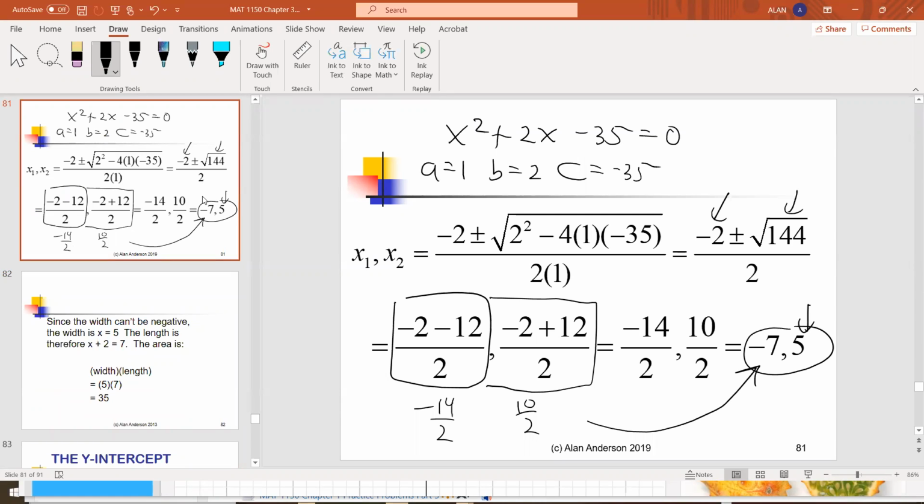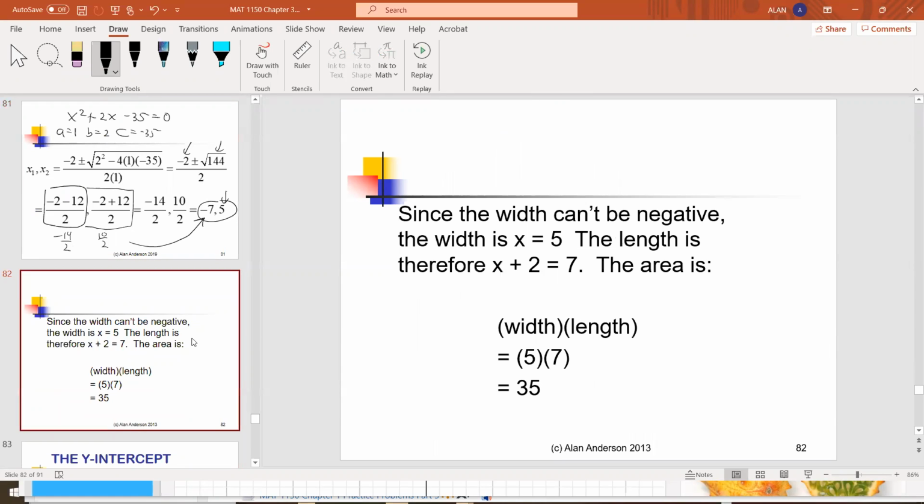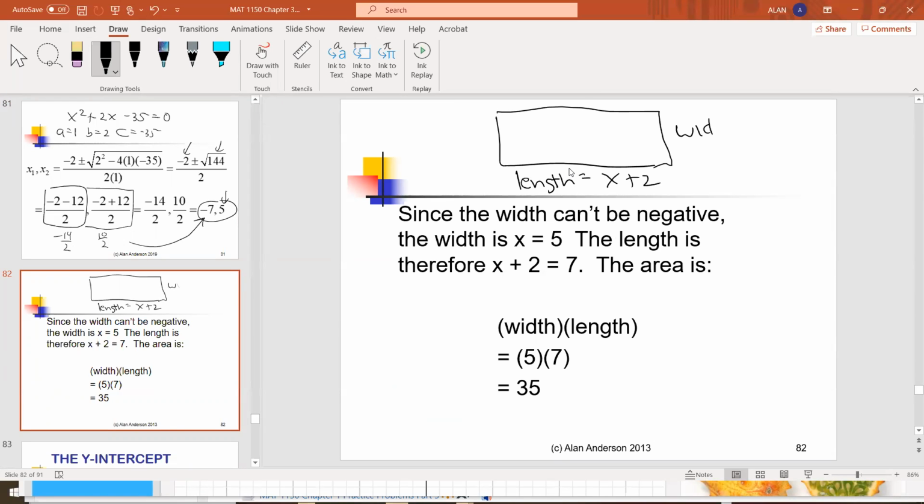So in other words, let's draw the picture again. So if x is 5, that means the width is 5 and the length is 7.